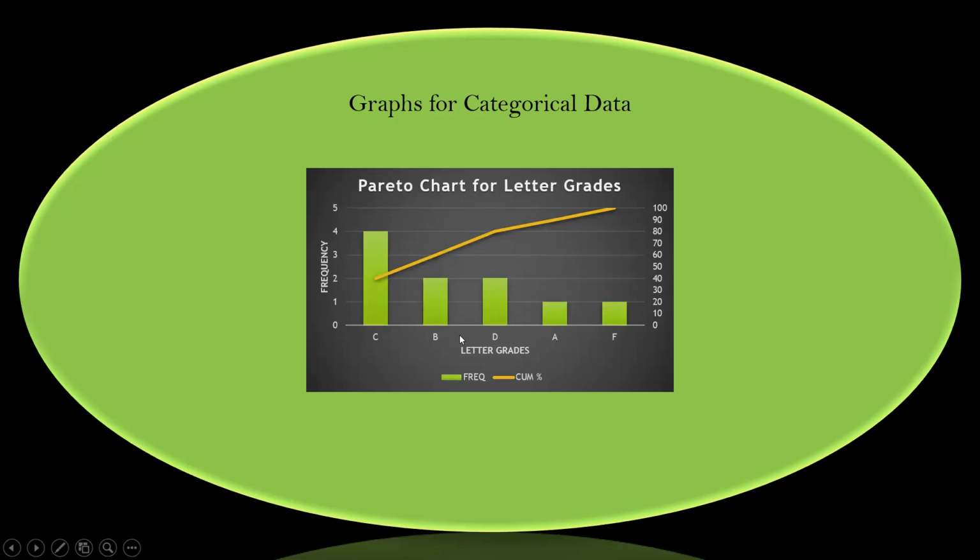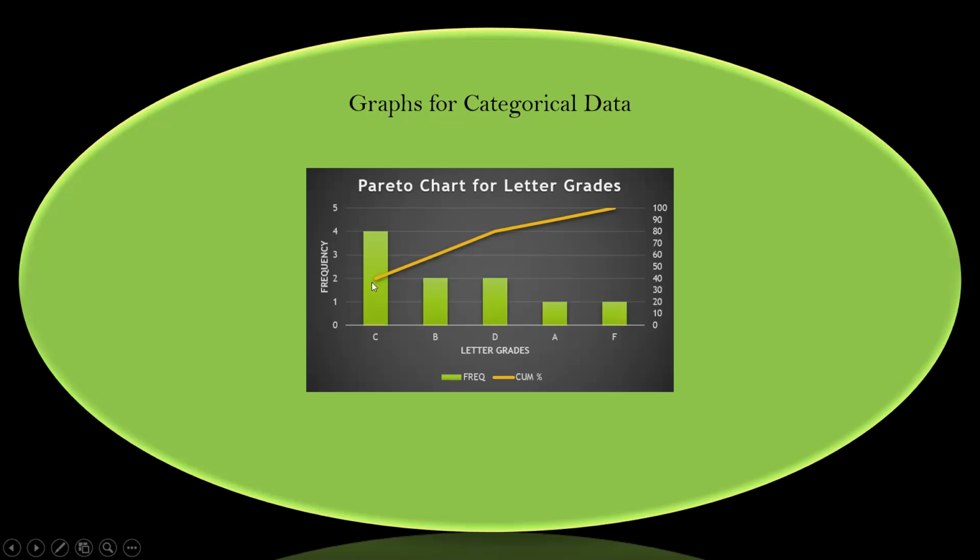The first thing that's different is you must arrange your variable, the various subcategories, from highest frequency or highest percent or highest relative frequency to lowest. And if there's a tie, there's no universal rule that says one has to come before the other, but you arrange them from highest frequency to lowest frequency.